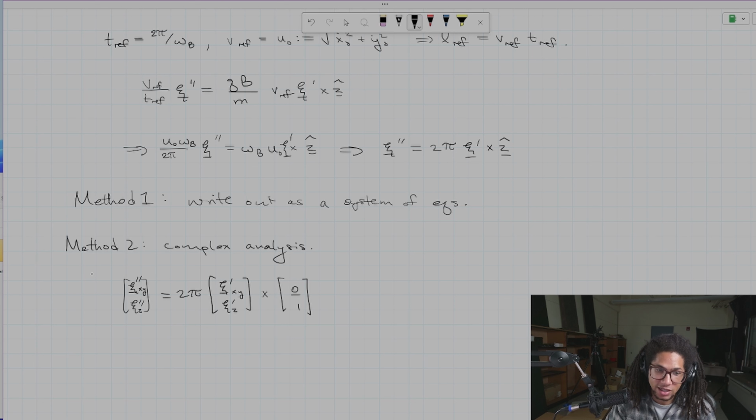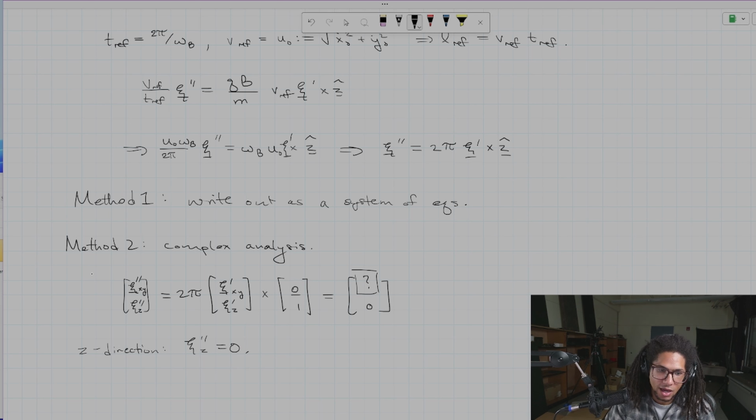That cross product is going to be perpendicular to the z direction. And so it has no component in the z direction. So this looks like some question mark in the xy direction, but then a 0 in the z direction on the right-hand side. This means that in the z direction, our differential equation, cz double prime, is equal to 0.